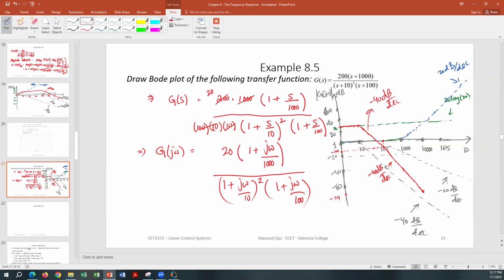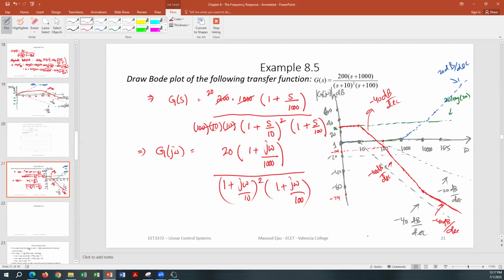So it's going to change the slope again to negative 40 decibel per decade, and that will keep on going. Basically, the slope is going to be the same as this line. So my slope is a little different, but it's going to be the same as this one. So that's going to be the magnitude Bode plot for this function.